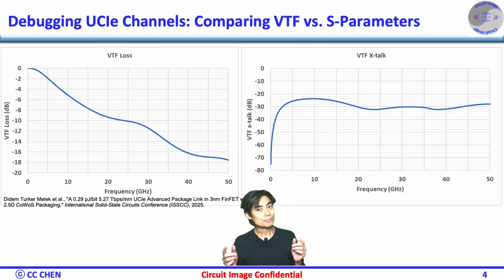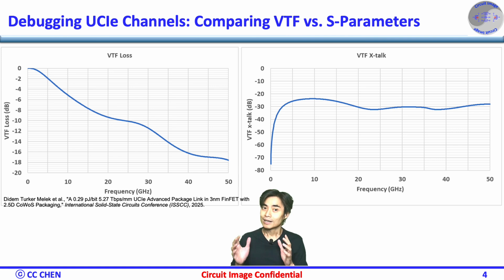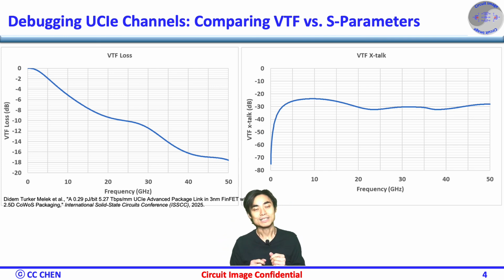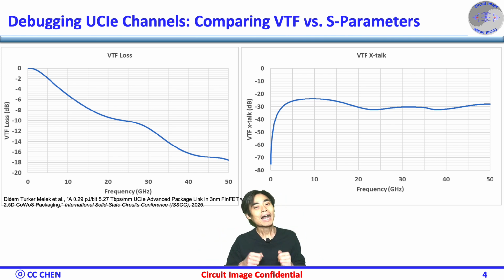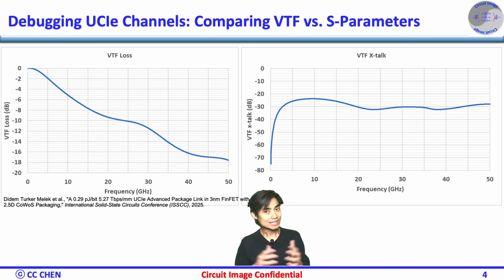Furthermore, a major case shows that adaptive CTLE settings optimized through VTF analysis result in a 10% improvement in receiver sensitivity and reduce power overhead by 15% compared to traditional tuning methods. These findings emphasize why voltage-based evaluation is superior in fine-tuning channel designs.